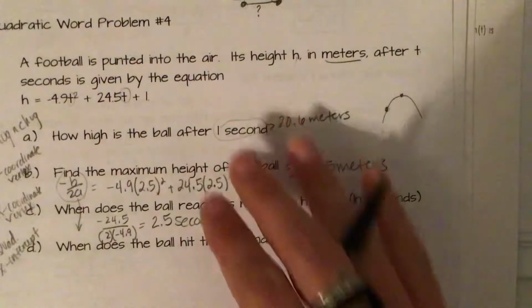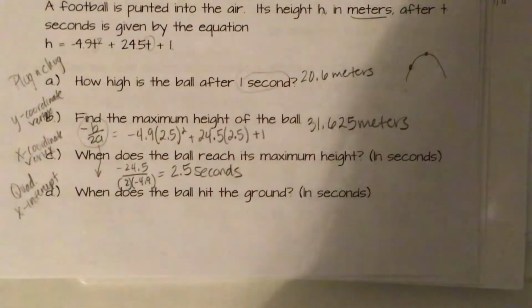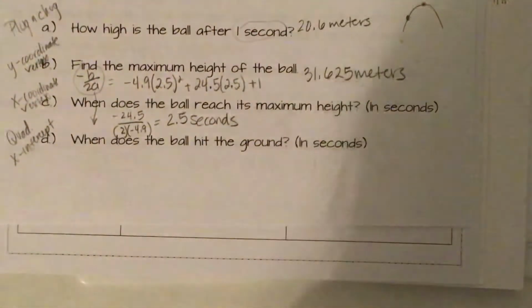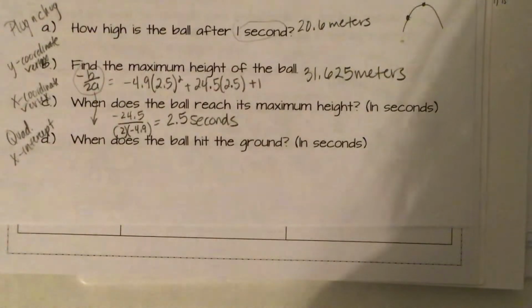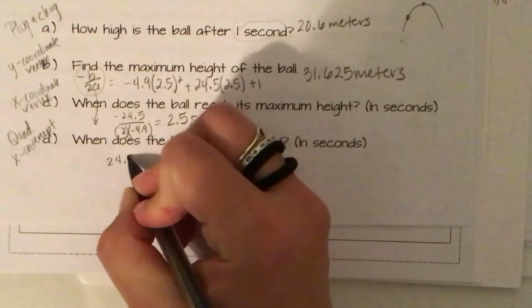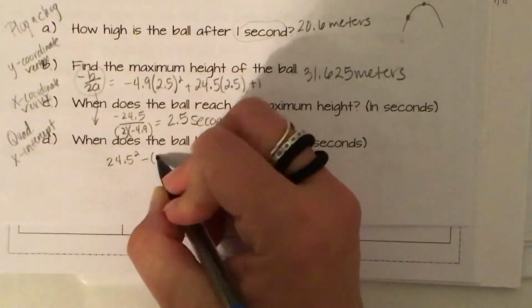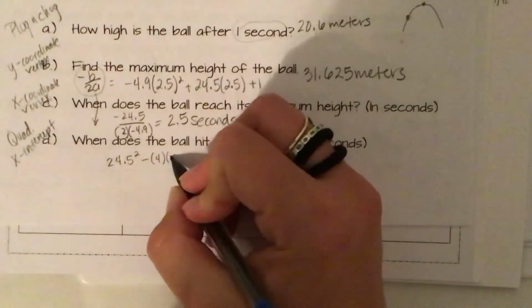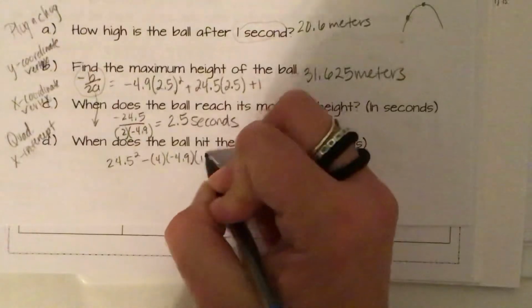All right, and then our last part of this is then when does the ball hit the ground in seconds? So this is when we're using our quadratic formula. So we're going to start with b squared minus 4ac. So we have 24.5 squared minus 4 times our a is negative 4.9 and our c is 1.